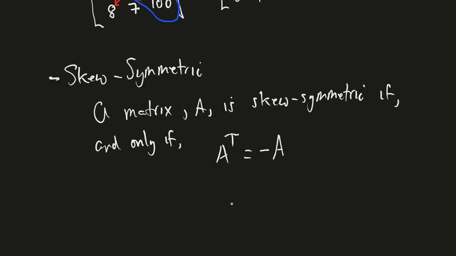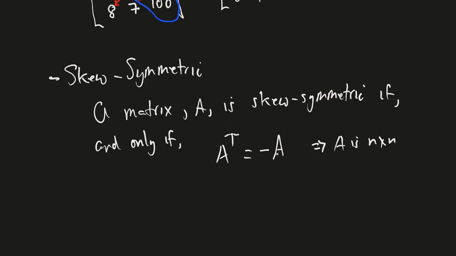Again, these can only be square matrices, because multiplying by a scalar, which is our -1 scalar, is not going to affect the dimension. So right away, it implies that A is n by n.